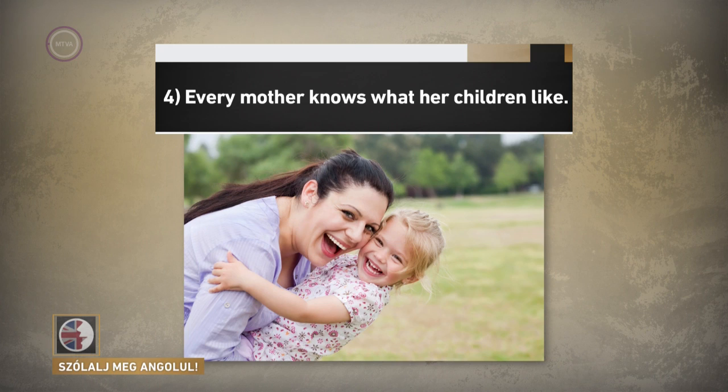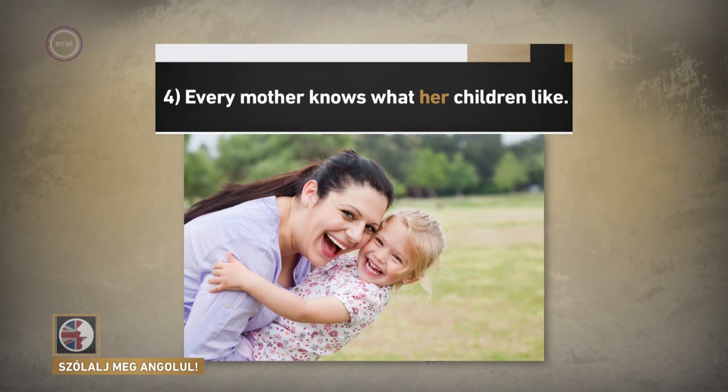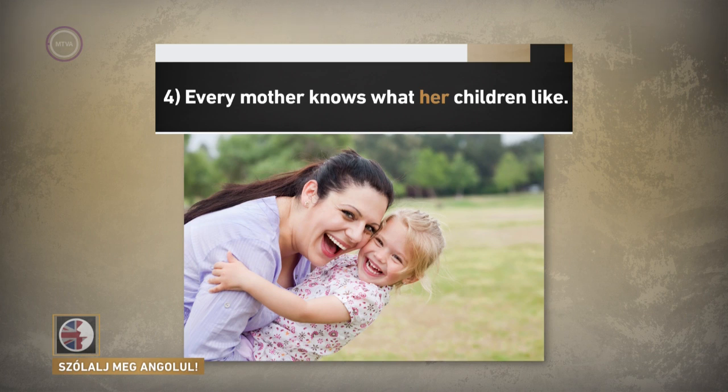Yes, look towards the end of the sentence. There's something there that we also have to change. Can you see what it is? Yes, there it is, hiding towards the end of the sentence. It's a personal pronoun. There. Her. It's the possessive personal pronoun. The original sentence was, every mother knows what her children like.